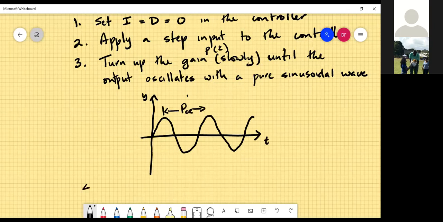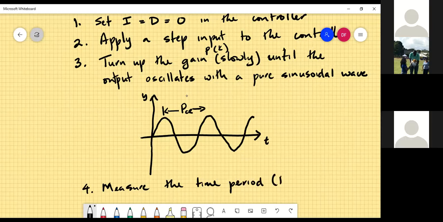Four, measure the time period. Call it PCR, the critical time period of the oscillation.